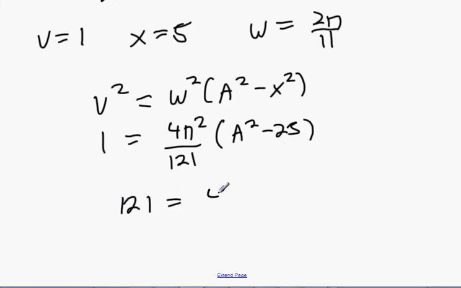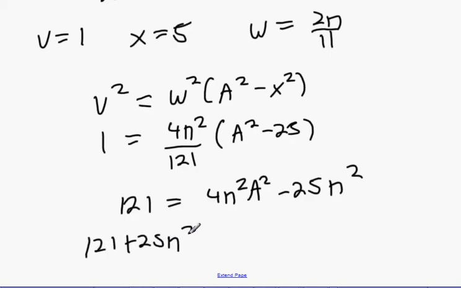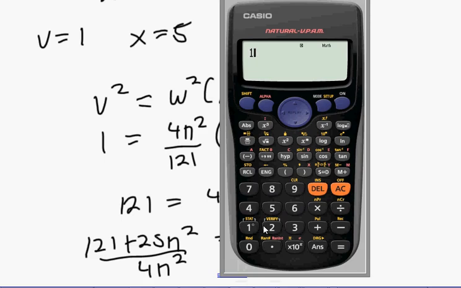121 equals 4 pi squared a squared minus 25 pi squared. And then 121 plus 25 pi squared divided by 4 pi squared. Now let's see what happens here. 121 plus 25 pi squared divided by 4 pi squared gives 9.31.